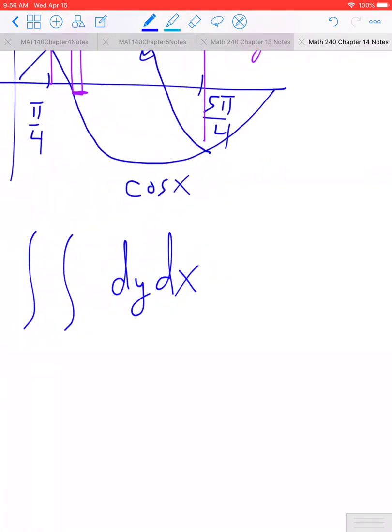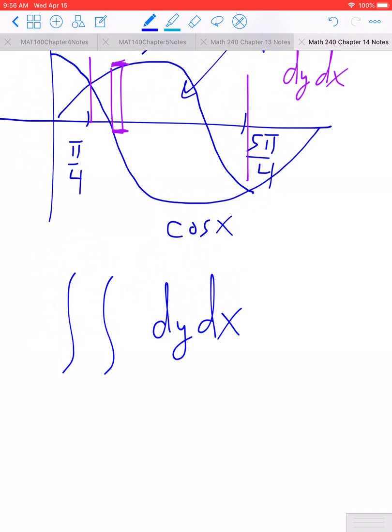So let's start with the outermost bounds first. As this rectangle moves through the region, x is bounded between pi over 4 and 5 pi over 4. If we look at the y values, the y values in this region are bounded between a lower bound of cosine of x and an upper bound of sine x.